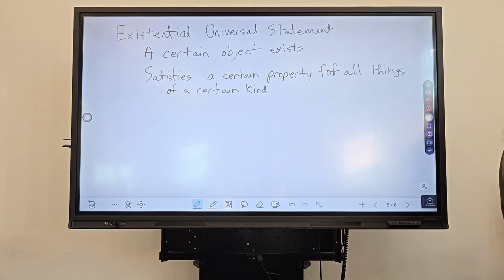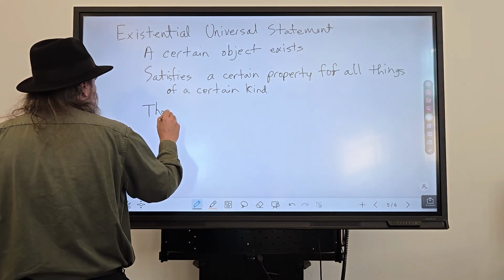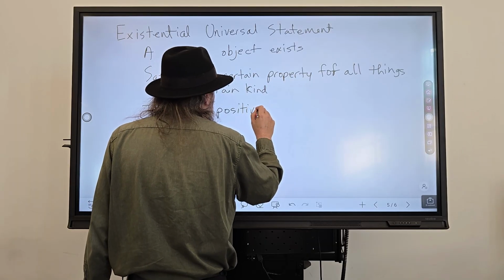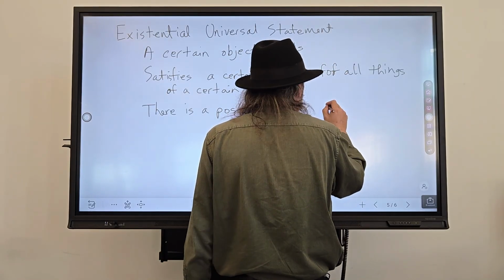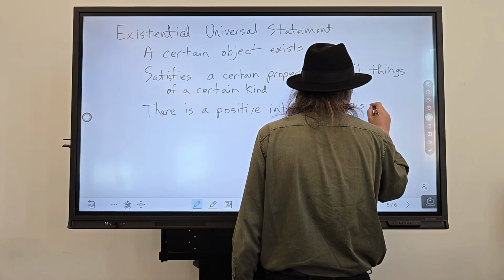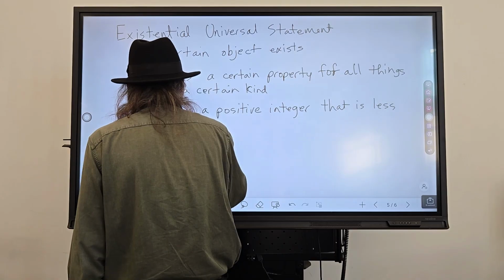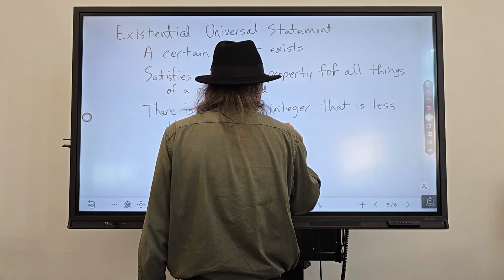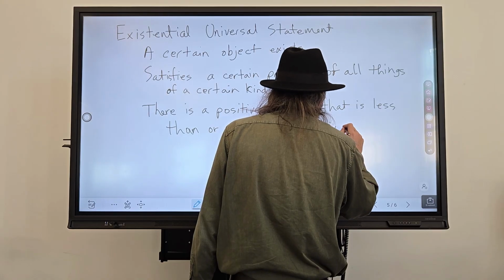So, example of that. There is a positive integer that is less than or equal to all positive integers.